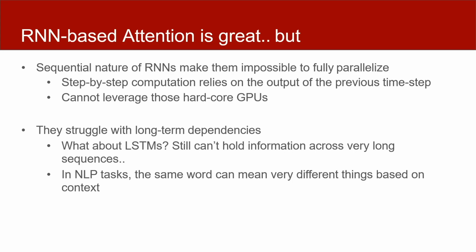So there's this dependency that we cannot bypass, and the RNNs also have problems dealing with long-term dependencies, even with LSTMs. So this is why we're going to introduce our new architecture called the transformer.